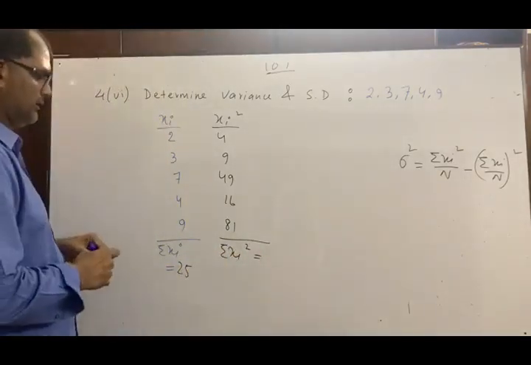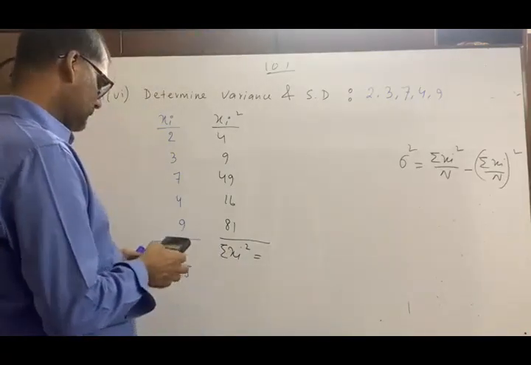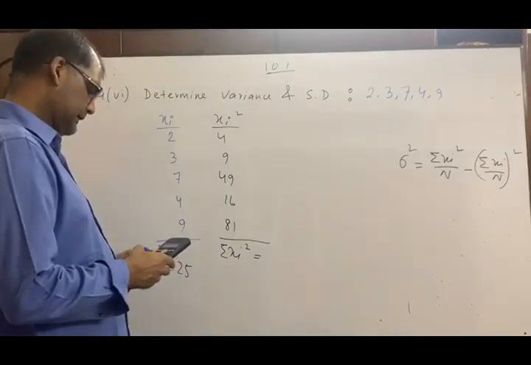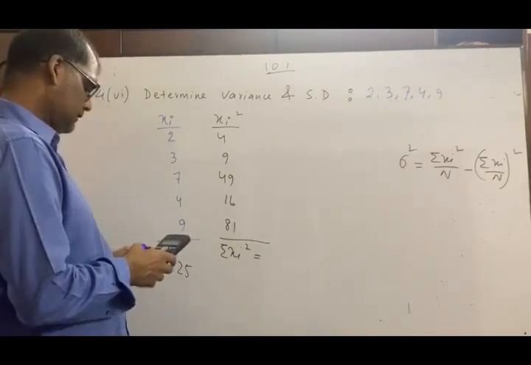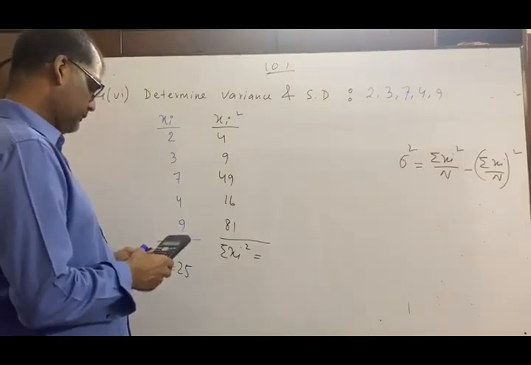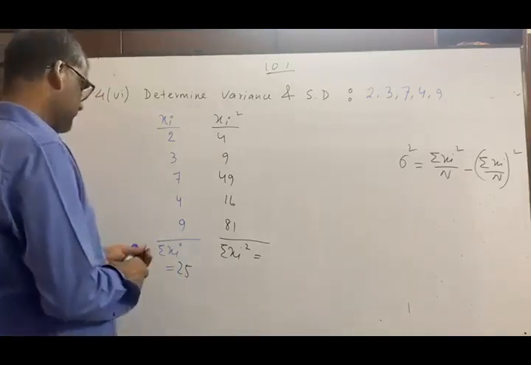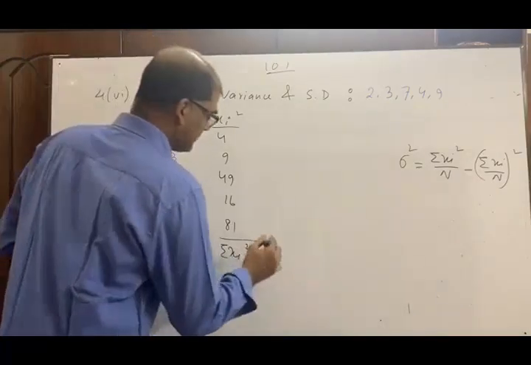You calculate. 4 plus 9 plus 49 plus 16 plus 81 equals to 159.